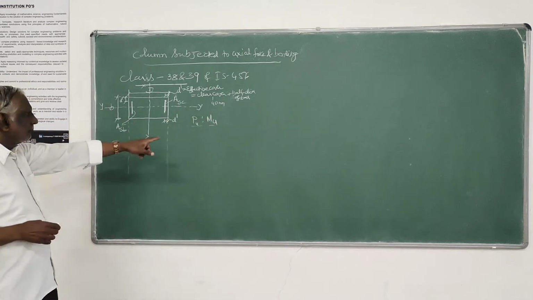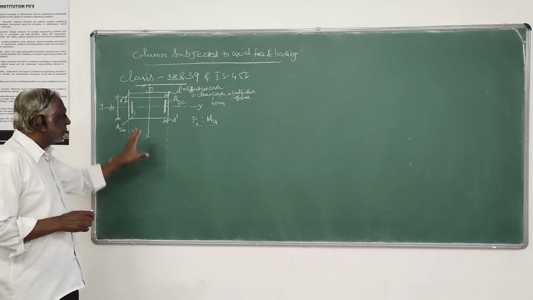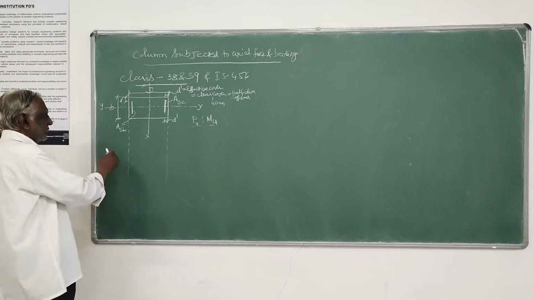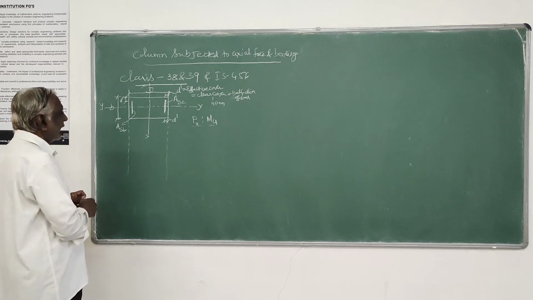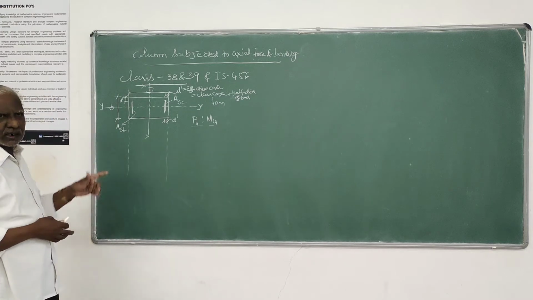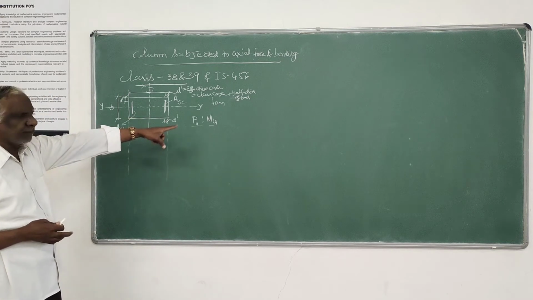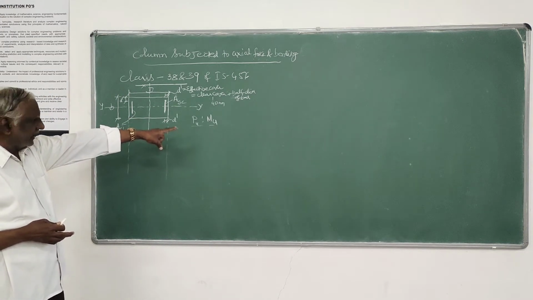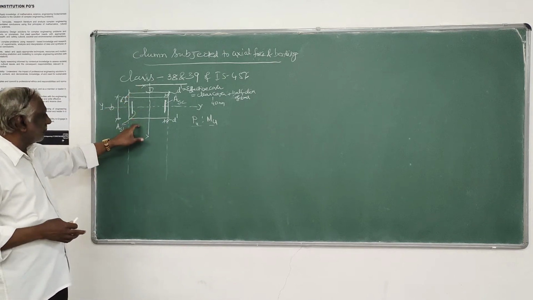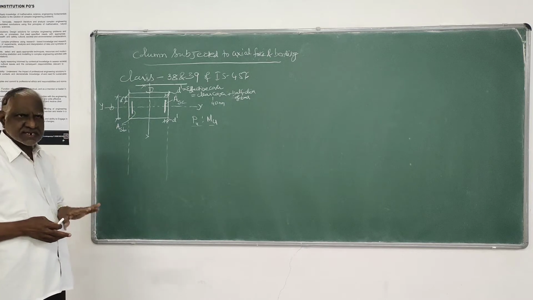Now, because of this Mu, this column is subjected to flexion also, and there will be a neutral axis which is going to develop on account of the bending, and at that particular point, there won't be any stress.